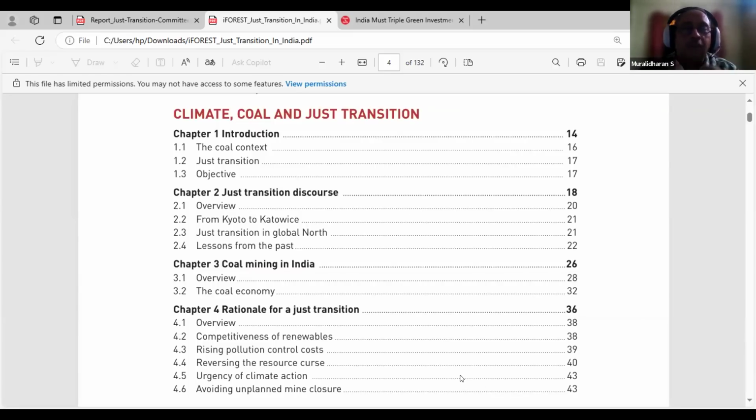You have coal mafias, if you remember, in Dhanbad and various other places. How are we going to contain them? How are we going to divert them? It's a challenging thing. Societal issues. So we have to look at it from various angles to come up with solutions for a just transition.